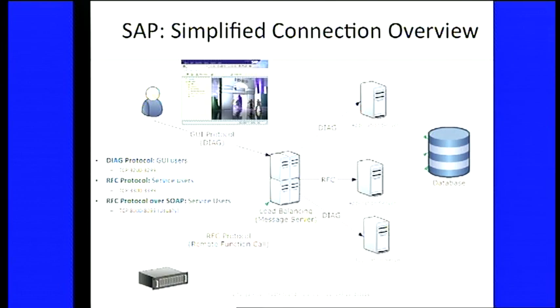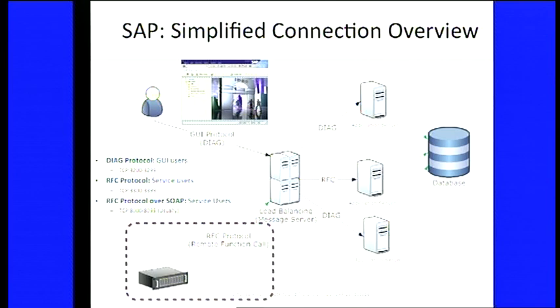I assume that we all don't know SAP systems very much. For me it was a very unique experience in the beginning, so I'll try to make it extremely simple. We have users using the SAP GUI, the front-end application, and service users using the RFC protocol. I thought RFC was something like RPC, and it's actually similar.